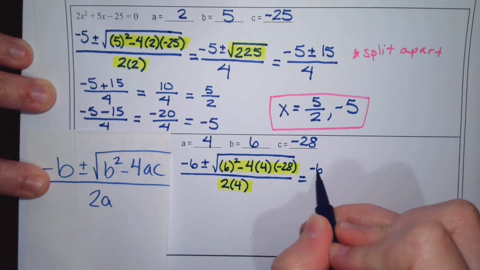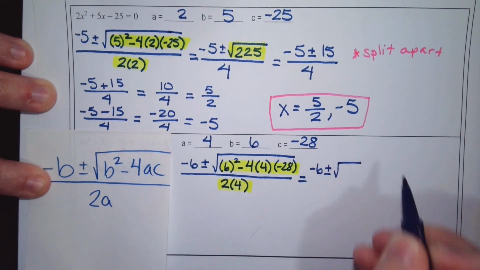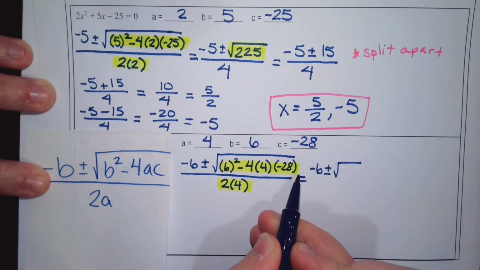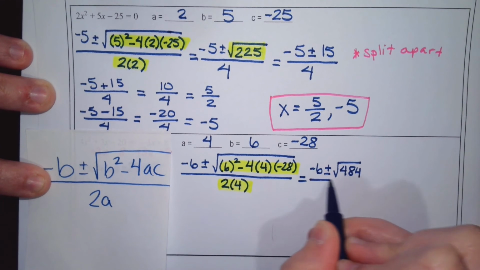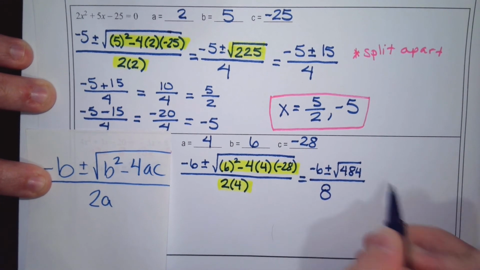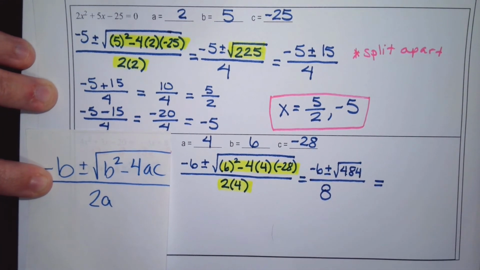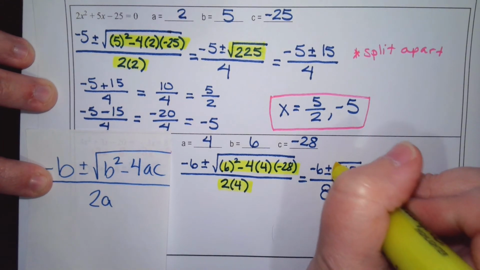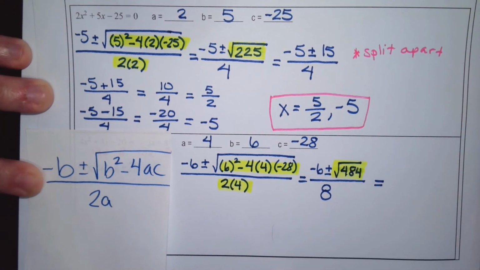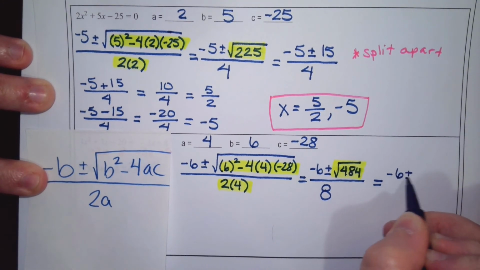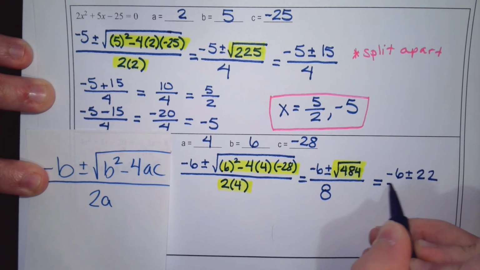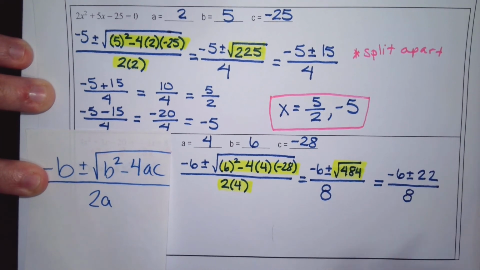So we get negative 6 plus or minus the square root. When I plug this whole thing into my calculator, I get 484 all over 8. Now we simplify the square root. The square root of 484 is a perfect square, and we get 22 all over 8.